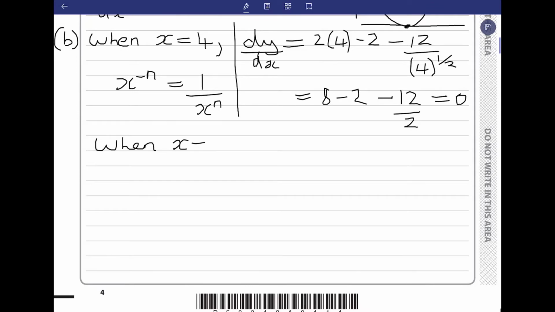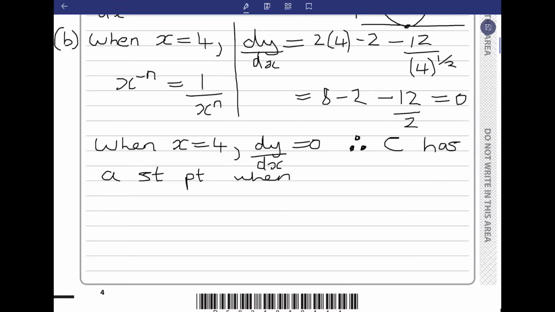When x equals 4, dy by dx equals 0. Therefore, C has a stationary point, I'm just going to put STPT, when x equals 4.